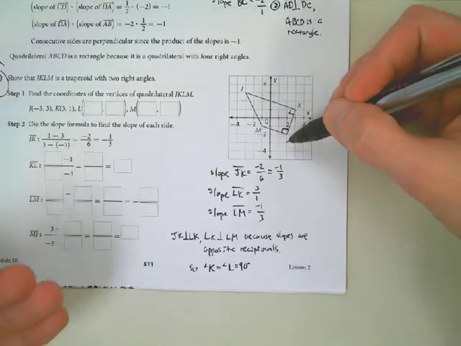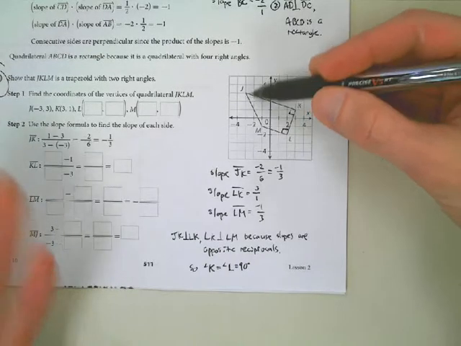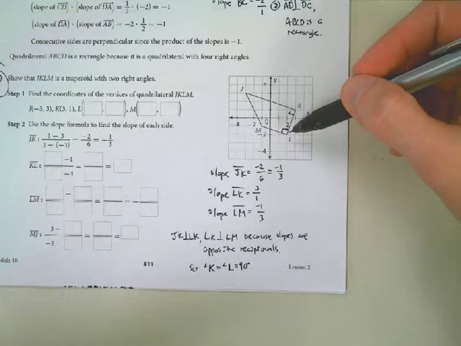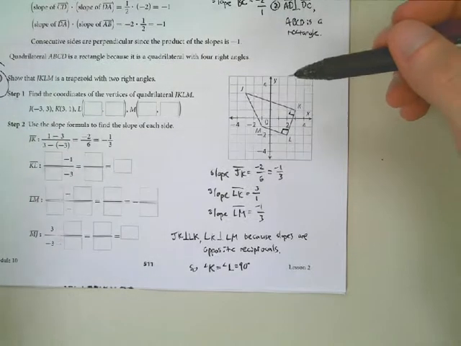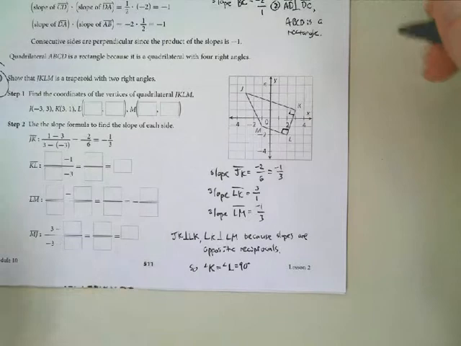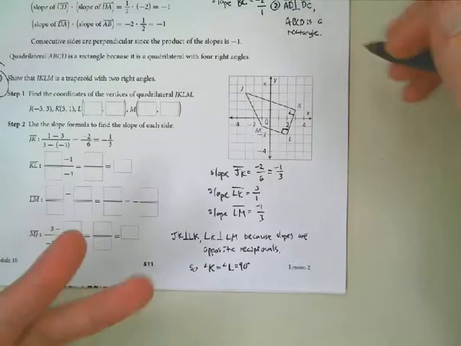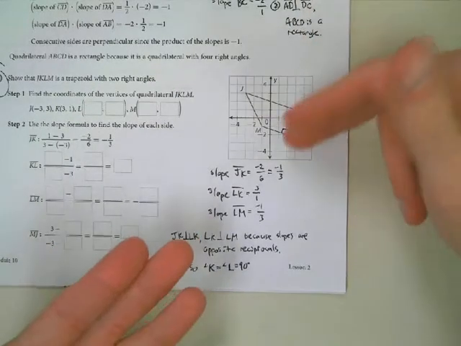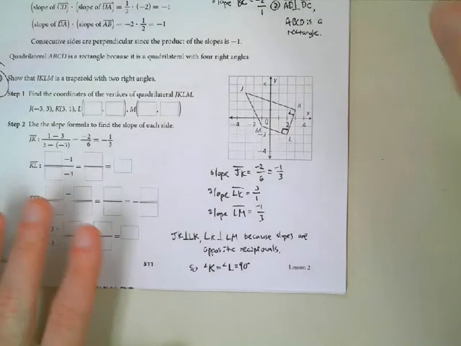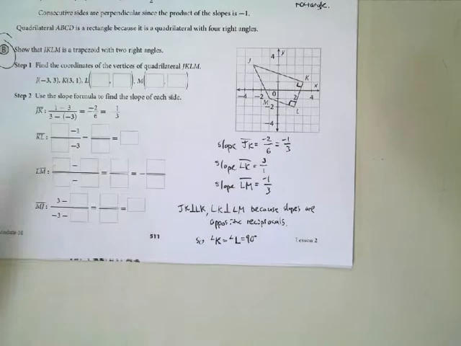JM does not touch those two angles, so I figured it's a waste of time to do the slope of JM. We don't need it. I'm just trying to show that this shape has two right angles, and so K and L are them, so I just wanted to show that they're perpendicular. That's all. You can do the slope of JM. It's not necessary though, because it doesn't touch one of the angles, so it wouldn't make a right angle.